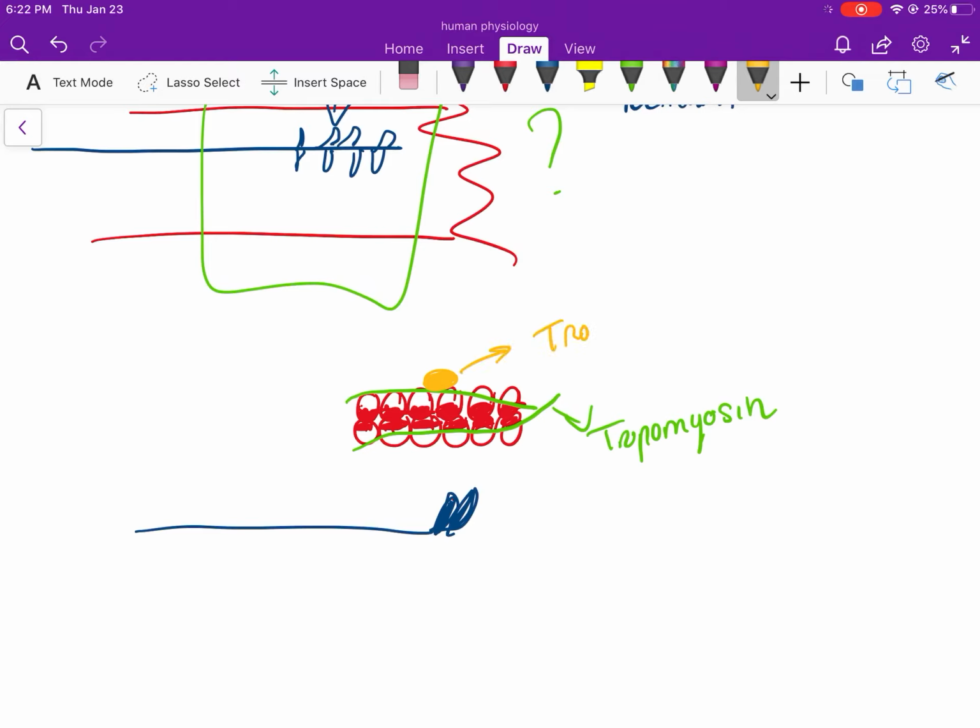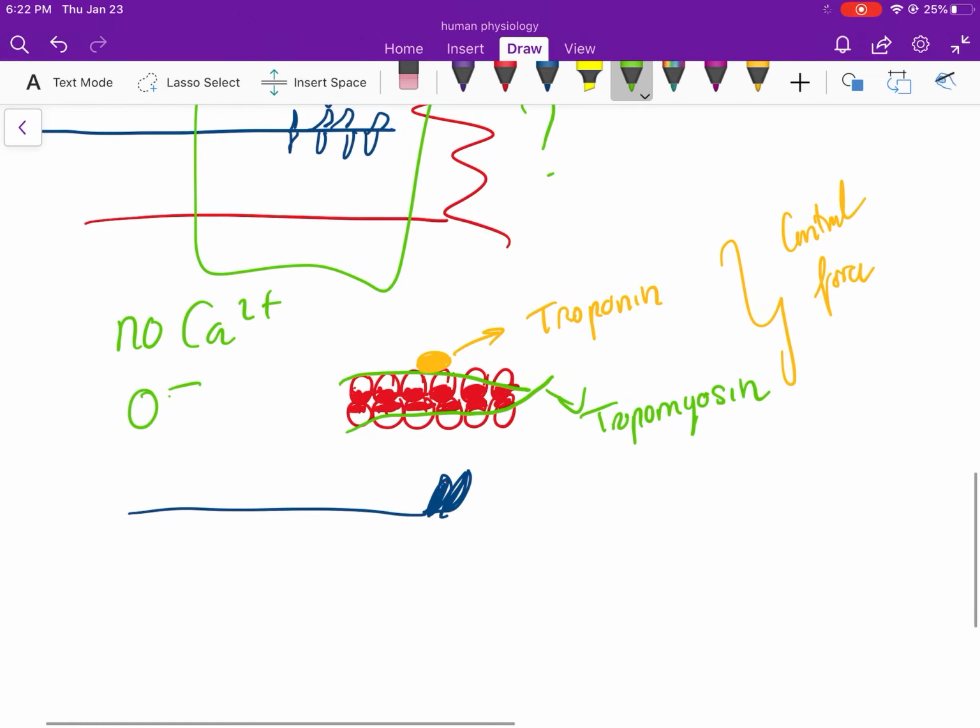This is troponin. These two proteins are really important in controlling and regulating the force by blocking the binding site. So we can see tropomyosin, when there's no calcium, this system will be turned off because tropomyosin is now blocking the binding site.